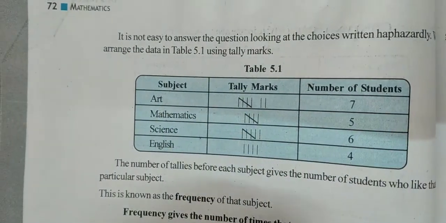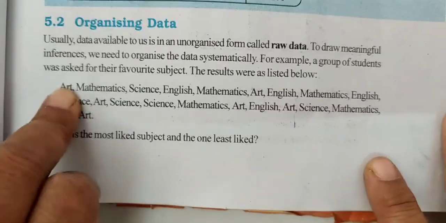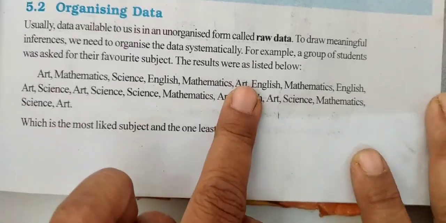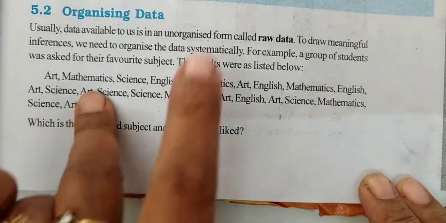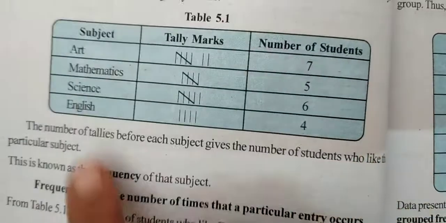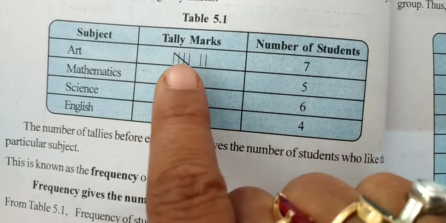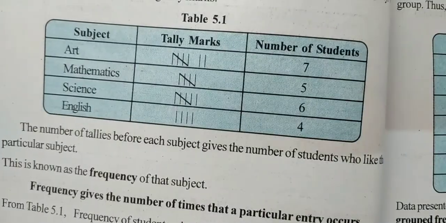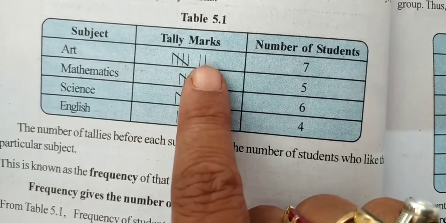If I turn the page, here art 1 time, 2 times, 3, 4, 5, 6 and 7. So you can see here how it is marked: 1, 2, 3, 4, the 5th stroke will be diagonal, then 6 and 7.